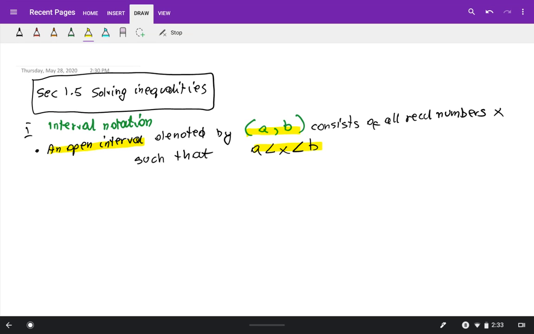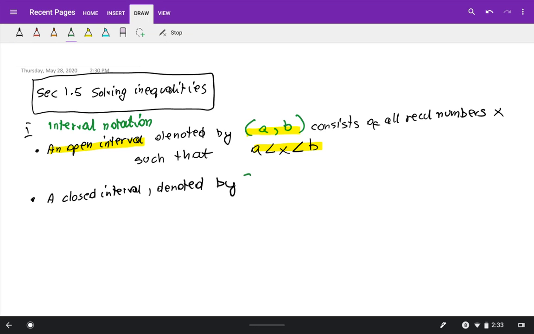This is the condition. Next one is going to be a closed interval, denoted by [a, b] in brackets.